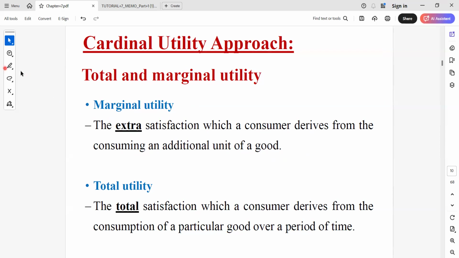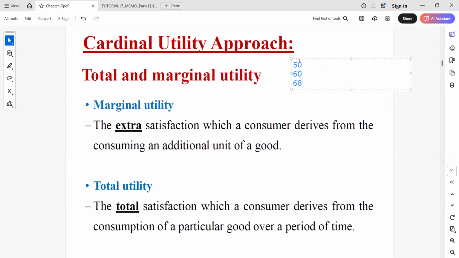Let me just give an example. Maybe you're consuming burgers. The first burger you eat, you get 50 of total utility. The second burger you get 60. The third one you get 68. I'm just going to stop here.